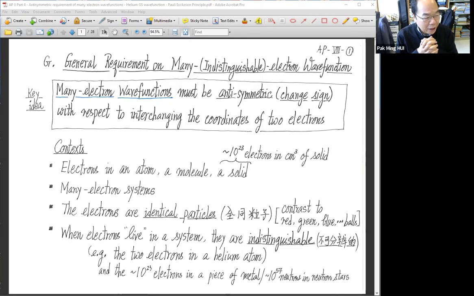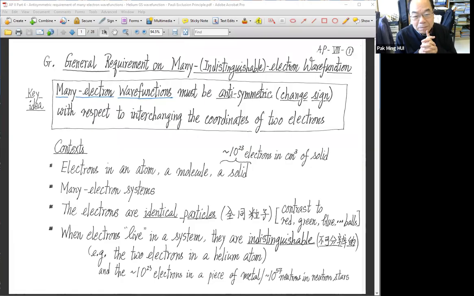The flow of today's lectures will be: the first thing is that we will discuss nature's choice on the behavior of many electron wave functions. It happens that many electron wave functions must be antisymmetric with respect to interchanging two particles in the system, for the very reason that they are indistinguishable.